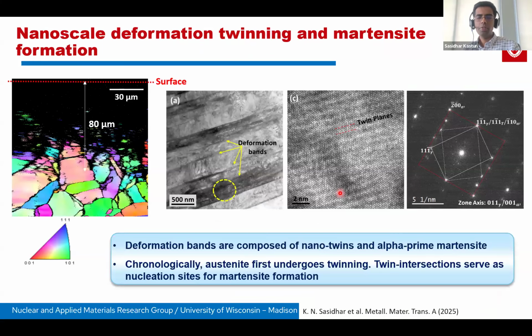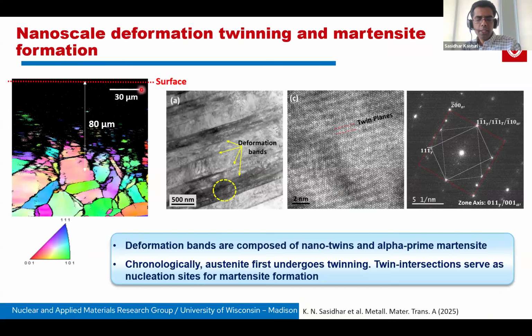So we first started off with electron microscopy investigations. So here is a cross-sectional EBSD map. So again, we're looking at the cross-section of the material. The red line indicates the surface that was subjected to this treatment, and then we're looking as a function of depth from the surface.